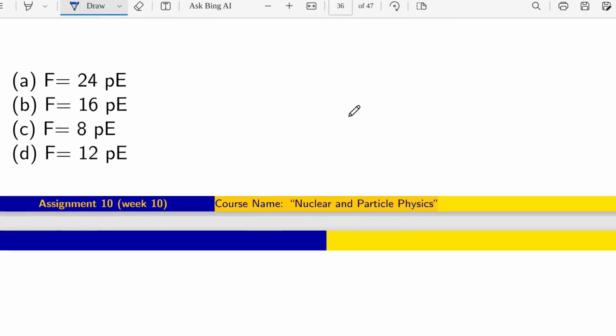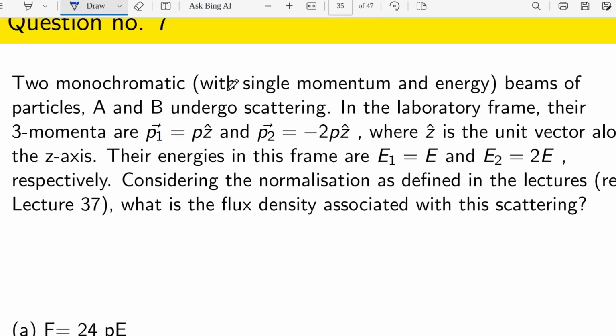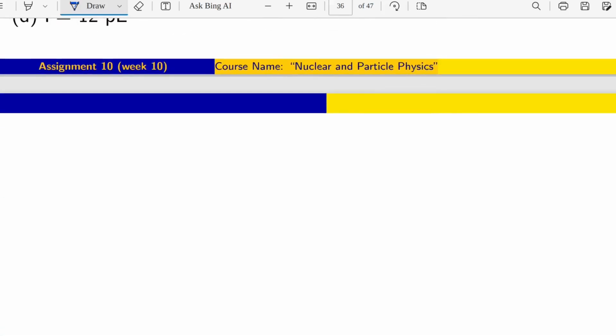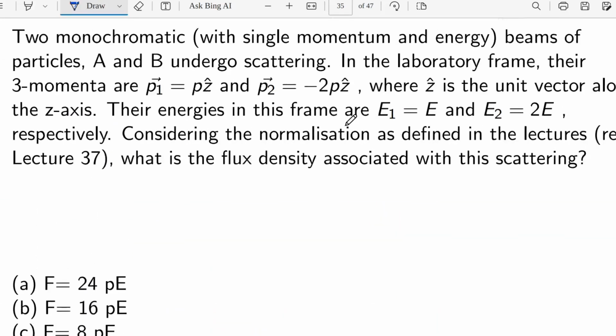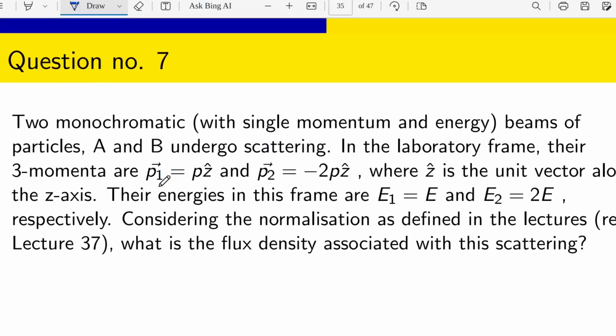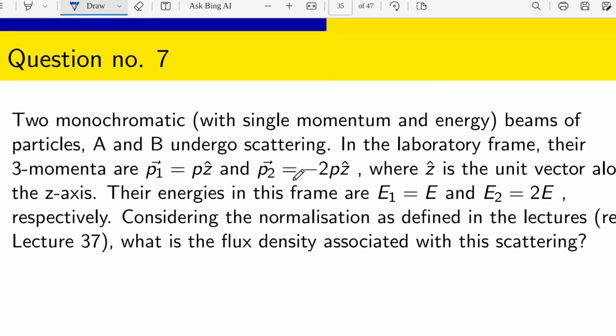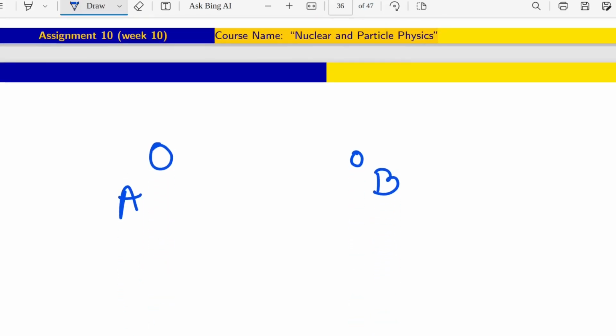So first of all we have to consider the scattering. You can see that two monochromatic beams A and B undergo scattering. Let's say this is the A beam and this is the B beam. Now the momentum of A is P z cap, and the momentum of B is minus 2P z cap. Let's take this axis as z cap.